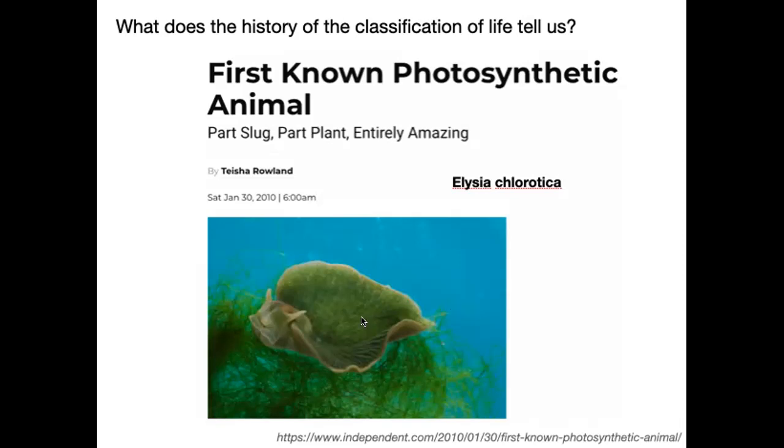Kasi Elysia chlorotica is known to feed on a particular green algae, and later on siguro they were able to impose symbiosis with each other, and because of the stolen chlorophyll, ito din impart ng green na pigmentation kay Elysia chlorotica.